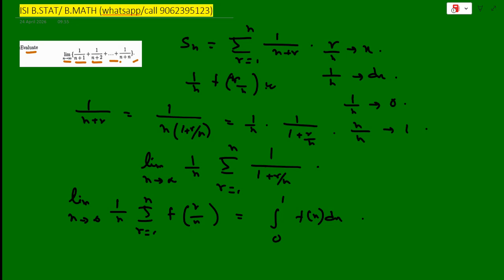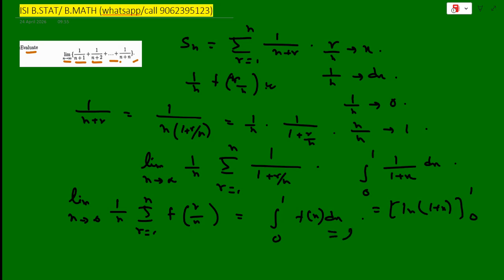So our problem transforms into integration 0 to 1, 1 by 1 plus x dx. So if you can't integrate this, we need to have a very serious talk about your life choices. So this is the natural log, right? So this is natural log 1 plus x from 0 to 1.